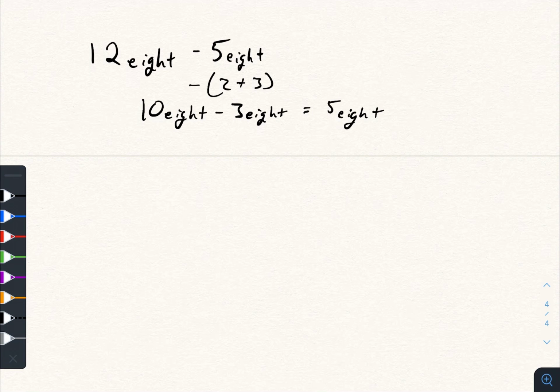They don't have a base 10 reference to go off of. They have to learn everything from scratch, and so when you're doing these problems, try to do everything from scratch without translating into base 10. But yeah, anyway, that's how you would do that.